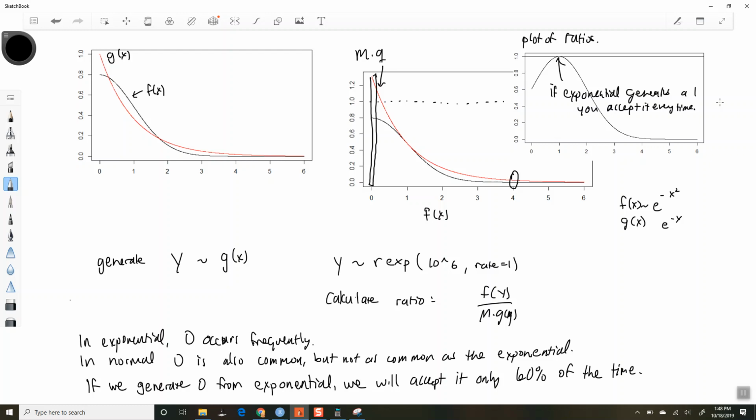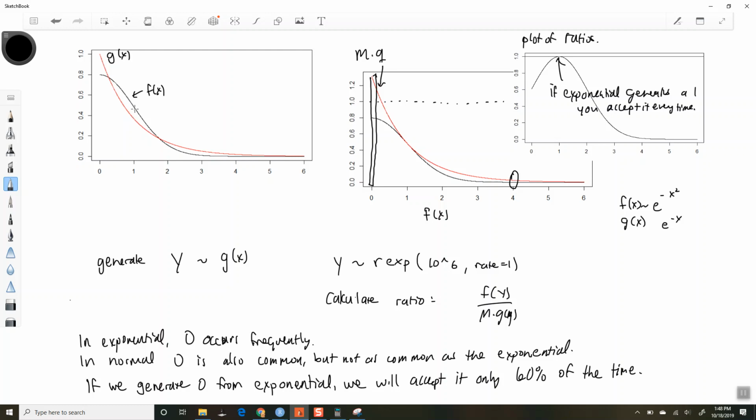The proposal distribution proposes at a different rate than what the target distribution needs. Okay, and so if the proposal distribution generates way more than what the target needs, it's going to accept only 50% or 20% or 10% of those things. On the other hand, if the proposal distribution doesn't generate a number frequently enough, below what the target needs, you're going to accept close to 100% of these things.